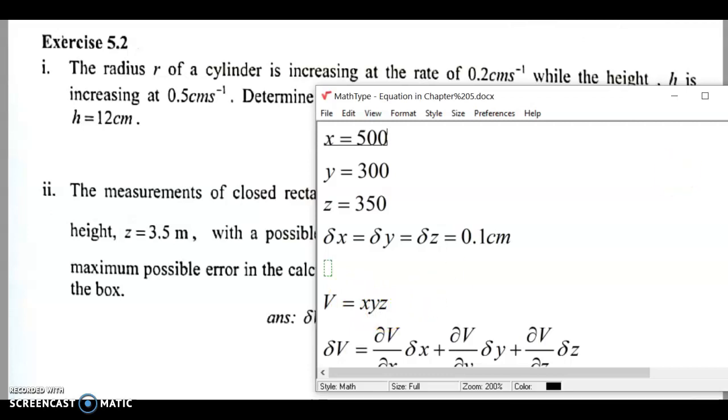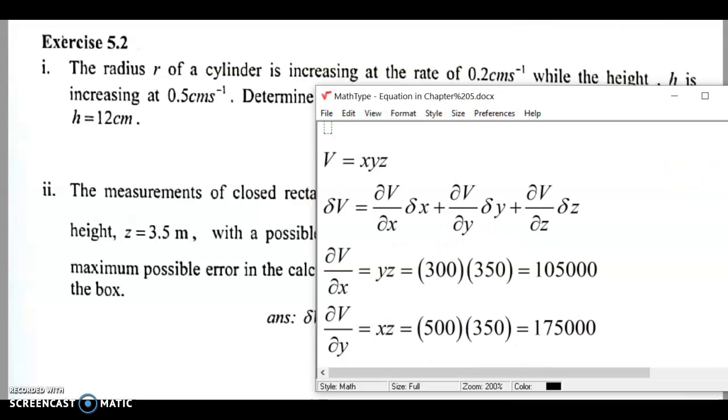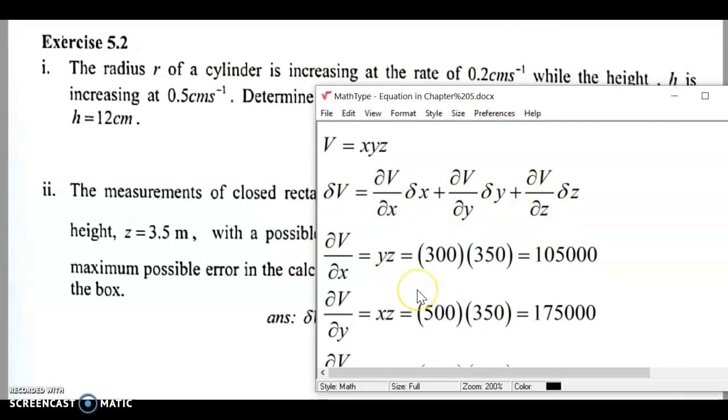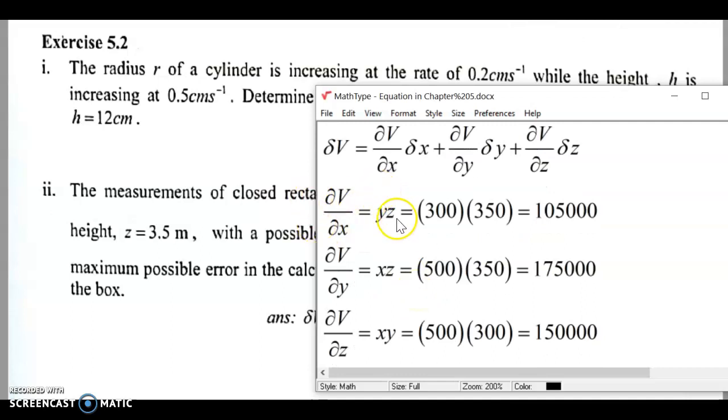And the formula for increment is this, right? We have the partial derivative of v over x, partial derivative of v over y, and z. Right? We multiply each of them with their respective small increment. So first we look for these partial derivatives, and this is what I get. The partial derivative with respect to x is equal to yz.